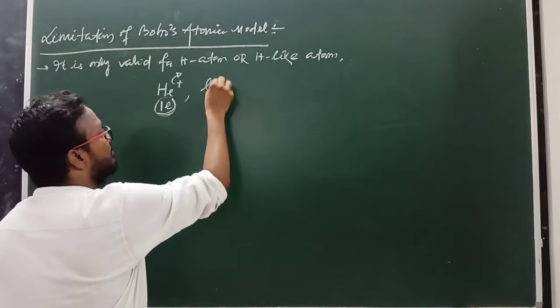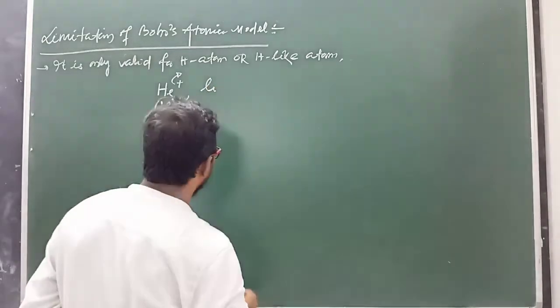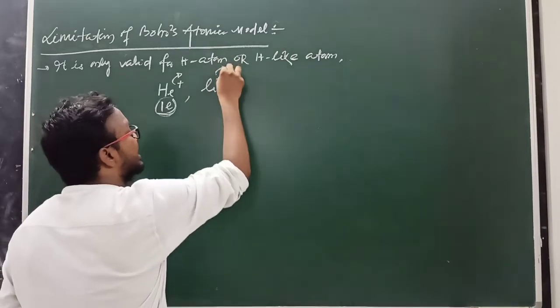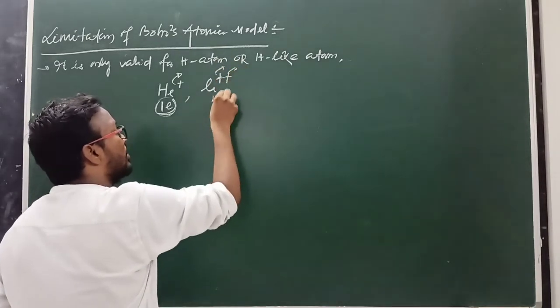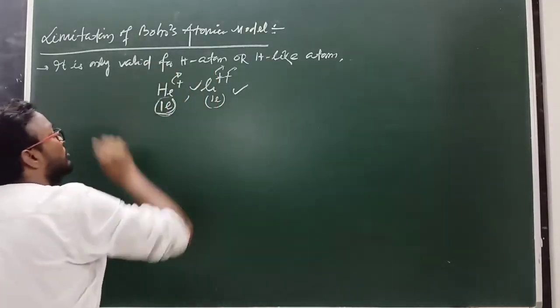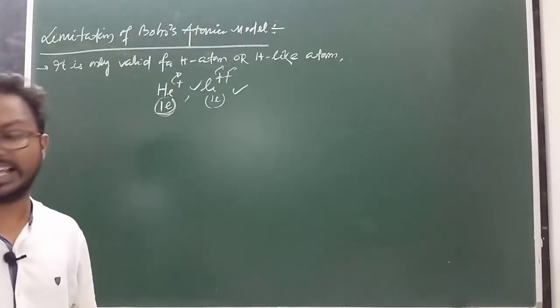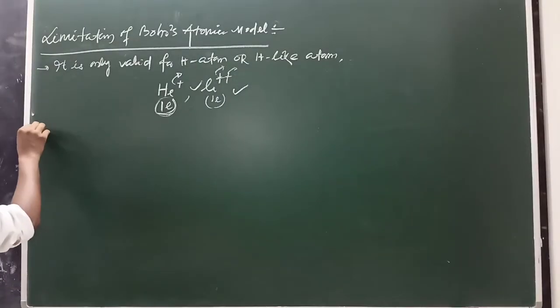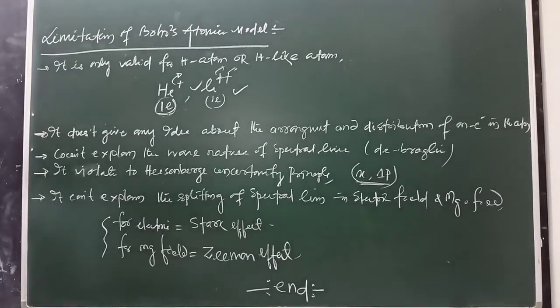Suppose you take lithium, atomic number 3. If we release 2 electrons, it gets a positive charge and only 1 electron is left. So this type of atom can be valid for the spectral lines, as in the hydrogen atom case or in Bohr's atomic model. This is the first limitation of Bohr's atomic model.